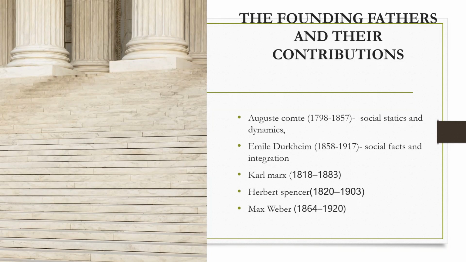So it moves from relying on religious explanation to a commonsensical, philosophic way of analysis, and then it goes to the positivist or the scientific age. So this is the law of the three stages of Auguste Comte.